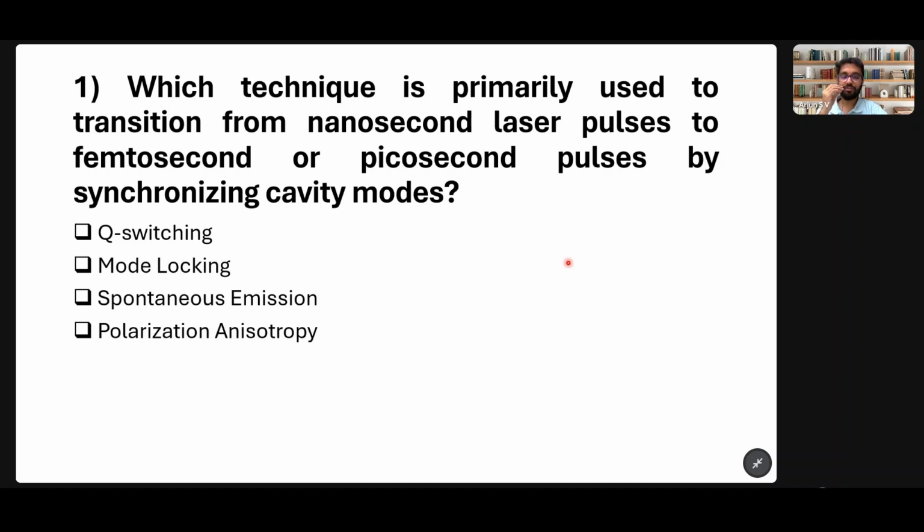As soon as you hear synchronization, you can say that the option would be something associated with mode locking. Just a second, I'll check if it's recording. Yeah, mode locking.